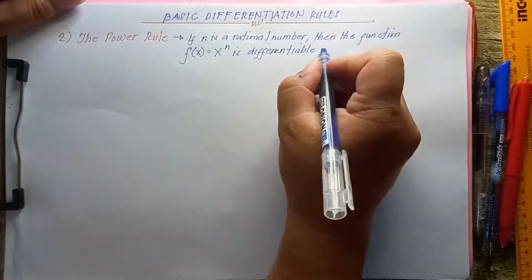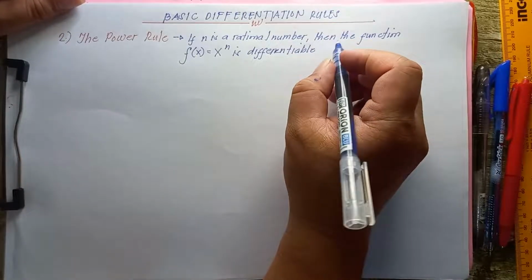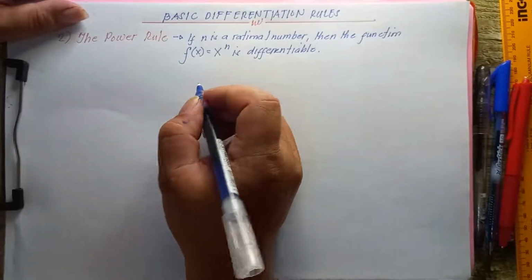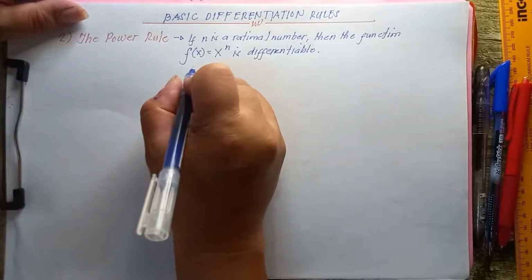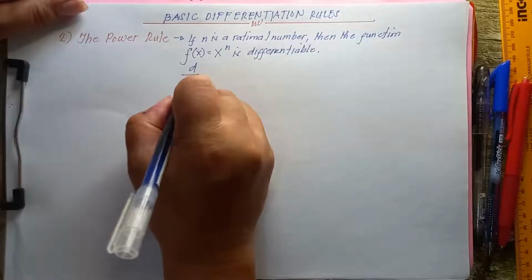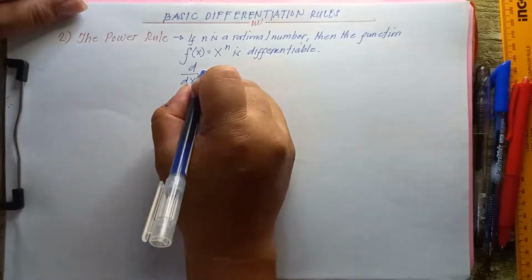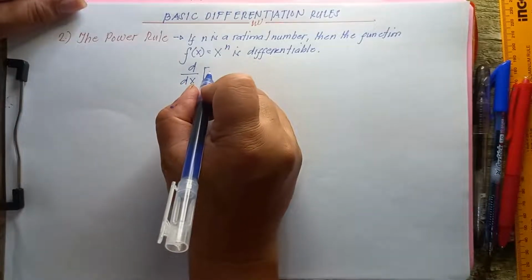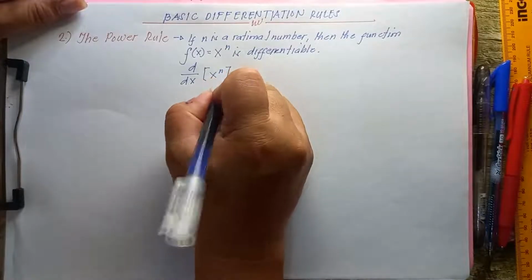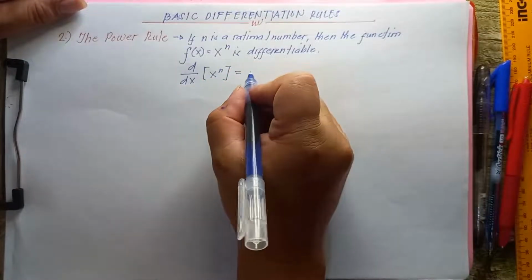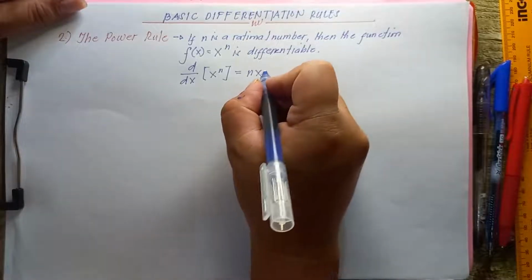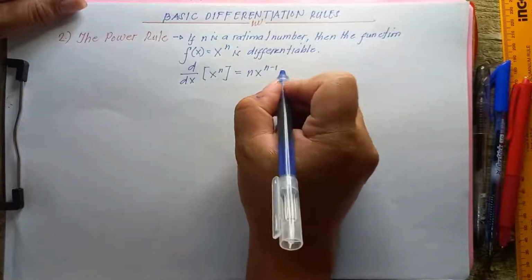Okay, and if that is differentiable, then what is the notation? The notation can be written as d over dx of x raised to n is the same as n x raised to n minus 1.